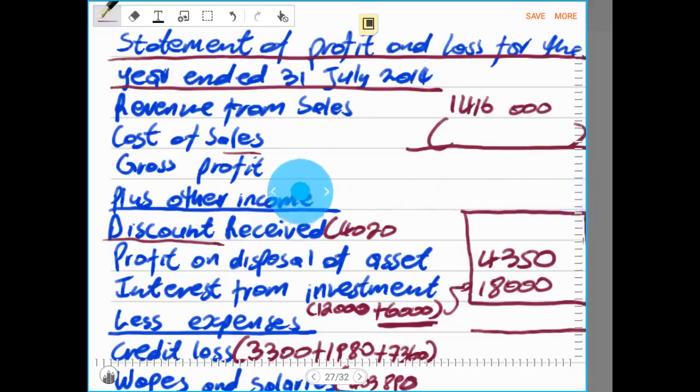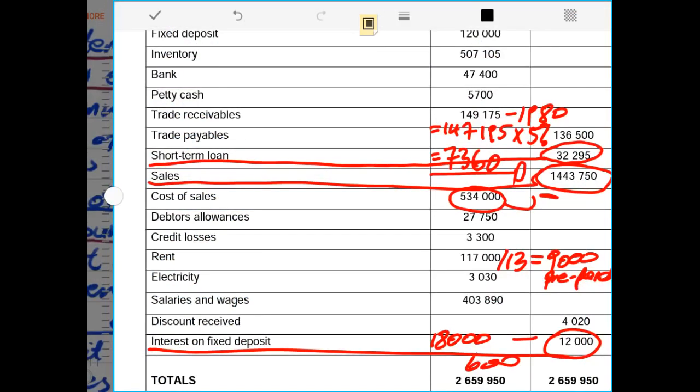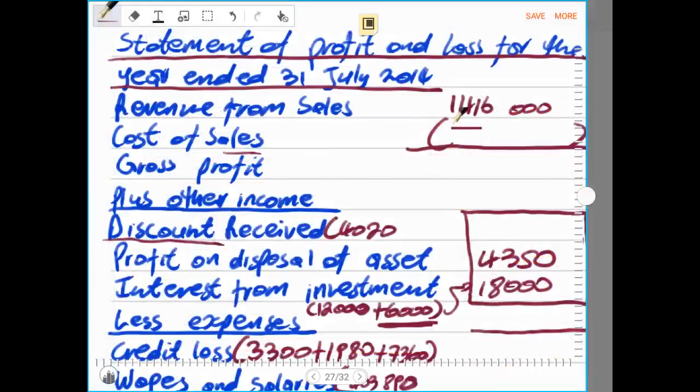Cost of sales is already given in the trial balance as 534,000 rands, and our gross profit will be 882,000 rands.